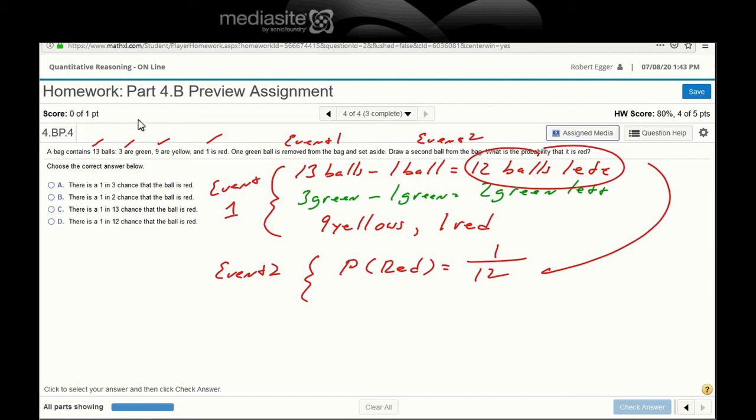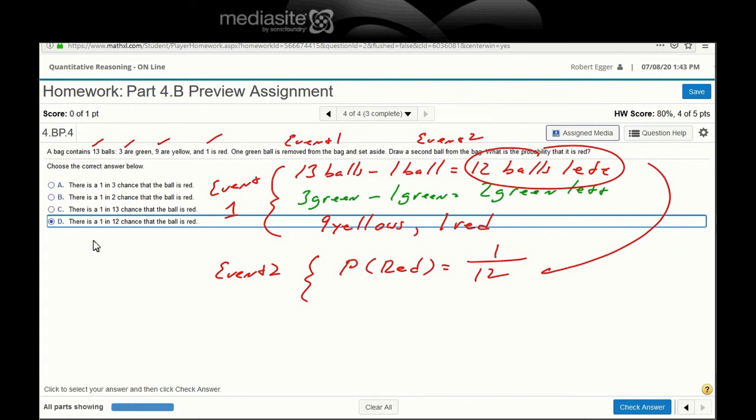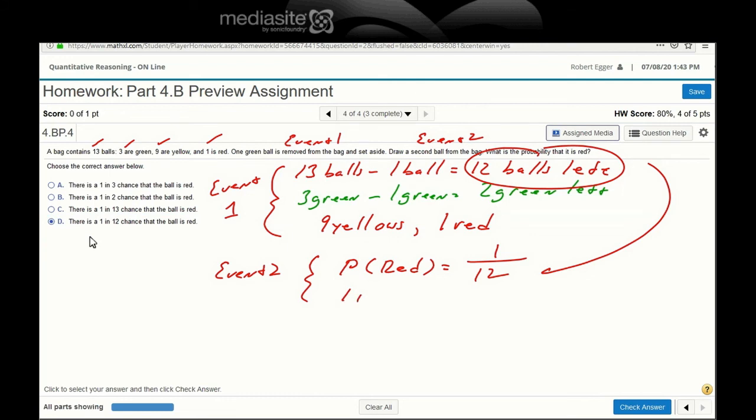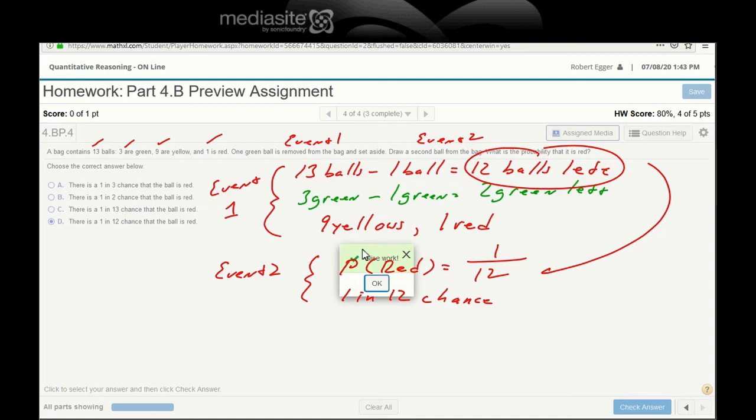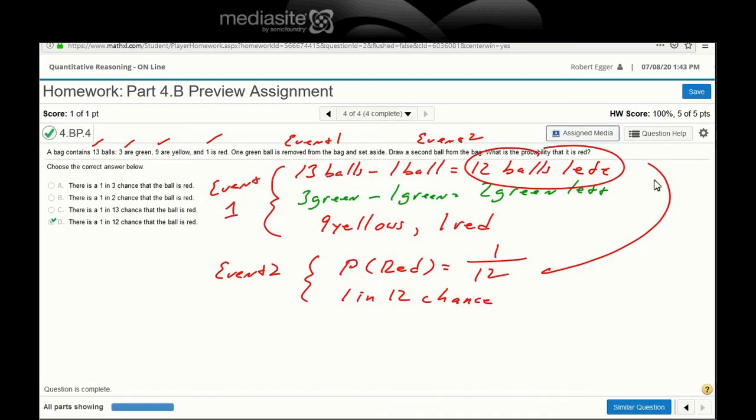Which means we should look at having a probability of 1 in 12 chance that a ball is red. And that's correct. And I believe that means we are done.